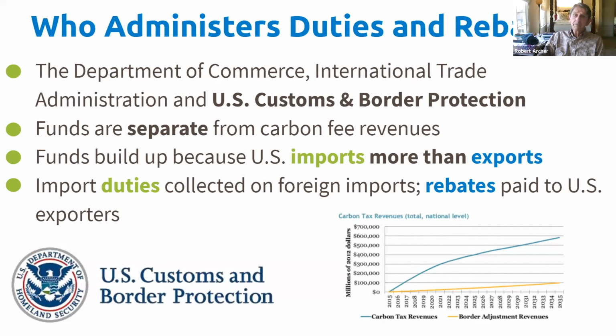Now, an issue that is on the board here is the legality of this. I won't go into some of the WTO provisions, but I do want to mention one that's called Article 20 of the General Agreement on Tariffs and Trade.